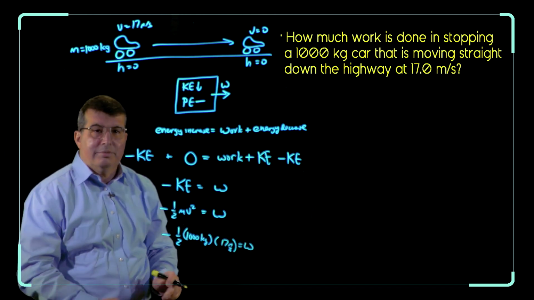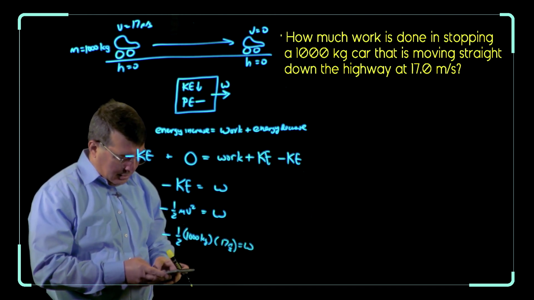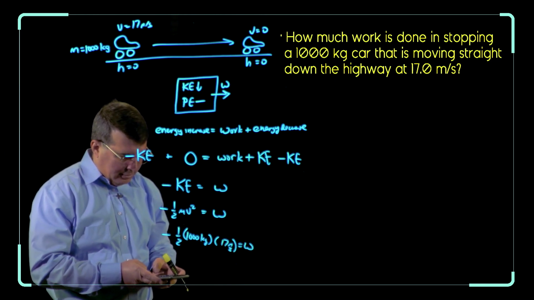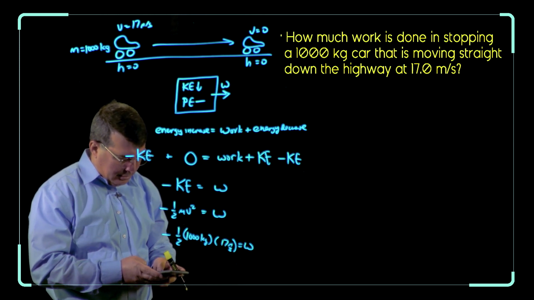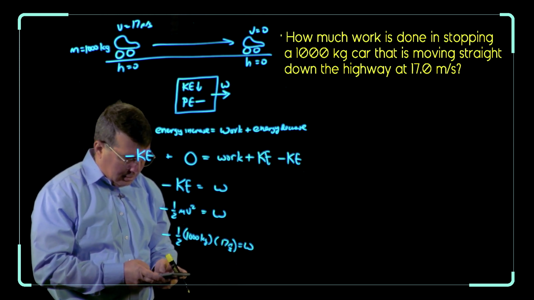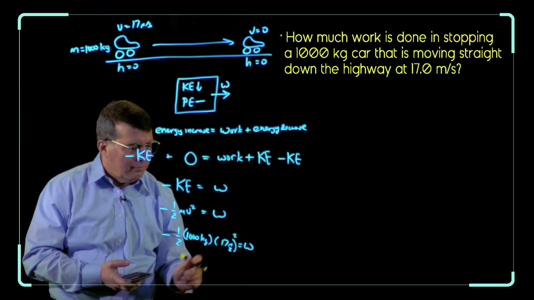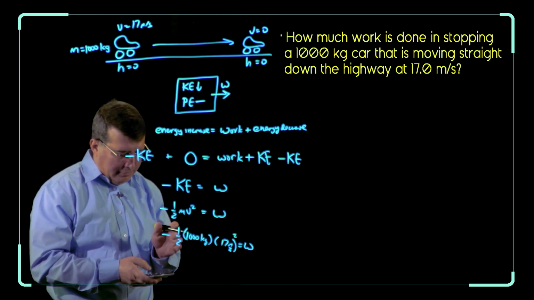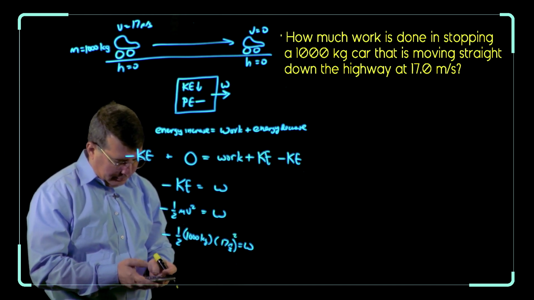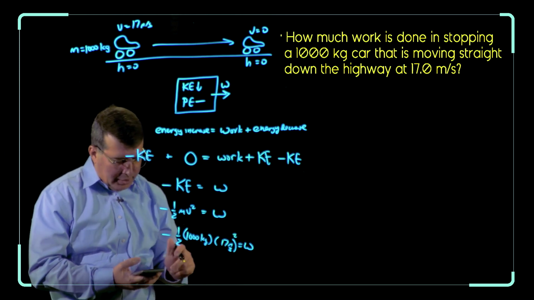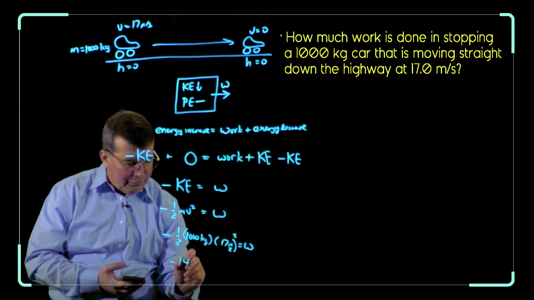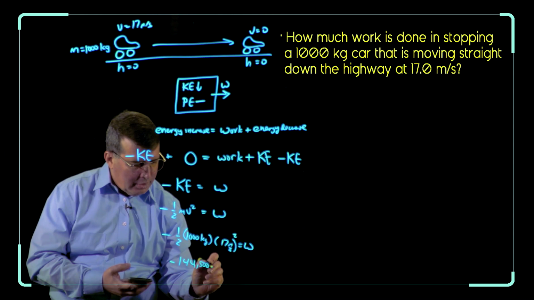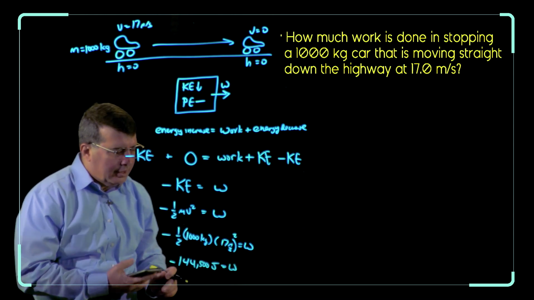That is the work done. We'll do some calculations. Minus 1/2 times 1,000 times 17. Oops, I forgot my squared. 17 squared. So minus 1/2 of 1,000 times 17 squared equals minus 144,500 joules is the work done.